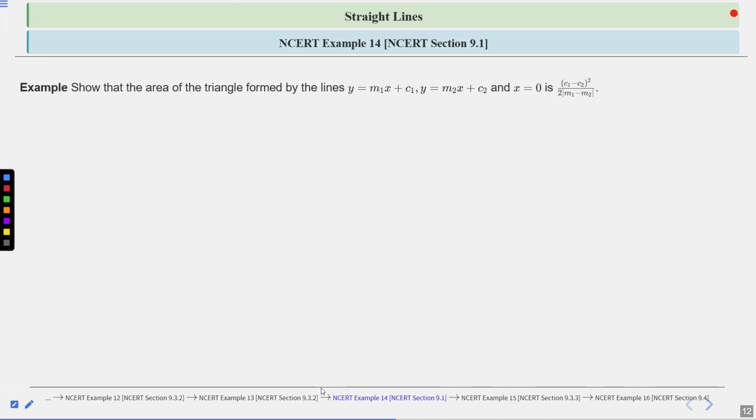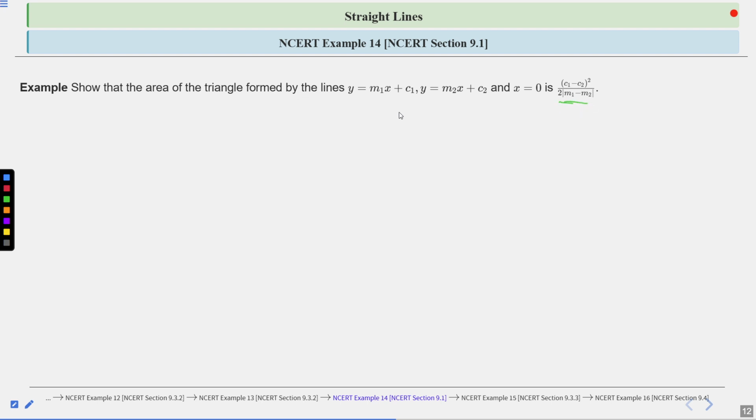So in this example, we have to show that the area of the triangle formed by the lines y equal to m1 times x plus c1, y equal to m2 x plus c2 and x equal to 0 is basically (c1 minus c2) whole square divided by 2 times modulus of (m1 minus m2). Okay, so we have to show this.